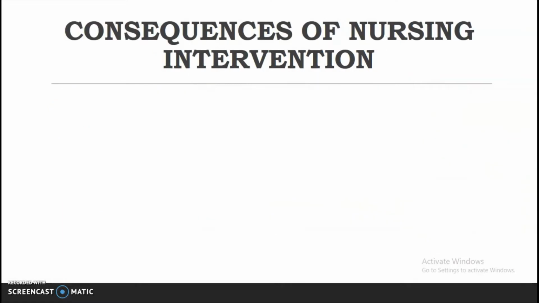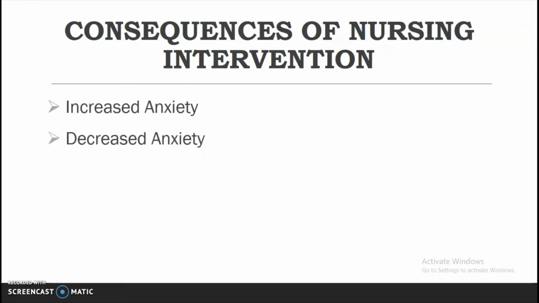Now, the consequences of nursing interventions. What are the possible effects of nursing interventions once we implement them to our patient? These are the possible effects, but are not limited to. Number one, it may increase or decrease anxiety of the patient depending on what you want to achieve.